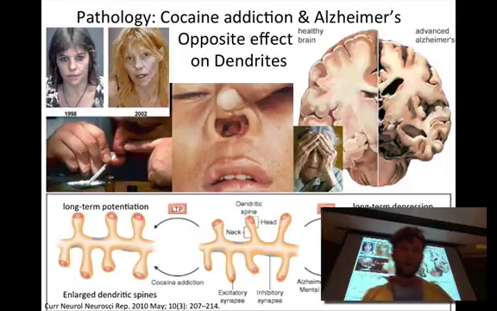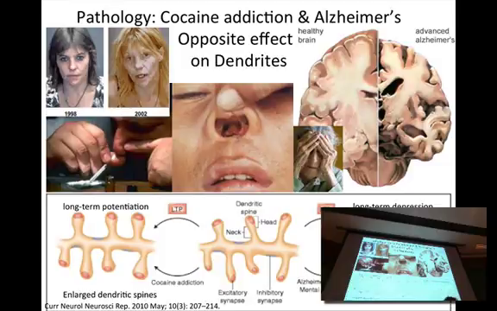All right. Cocaine addiction and Alzheimer's. They have opposite effect on dendrites. So here is a normal dendrite. It's these dendritic spines that have the receptors for the synaptic glutamate to excite and cause graded potentials that are going to go through the cell body and cause an action potential. If you are unfortunate enough to be a cocaine user, it's going to enlarge your dendritic spines.